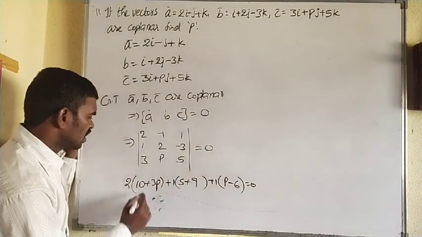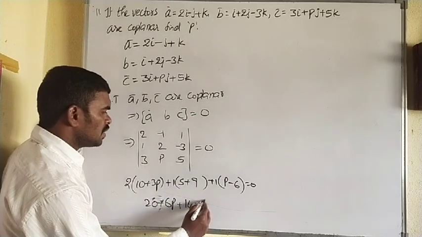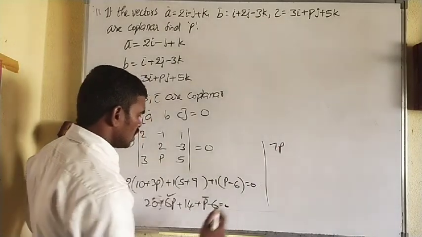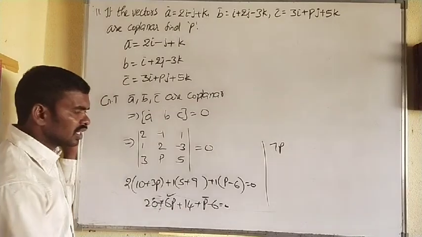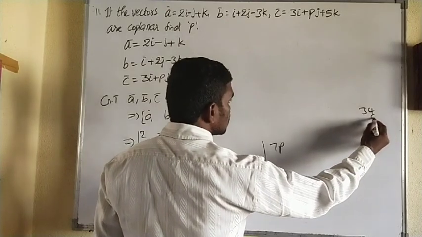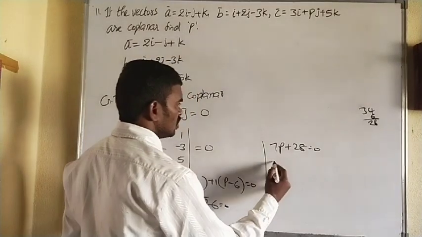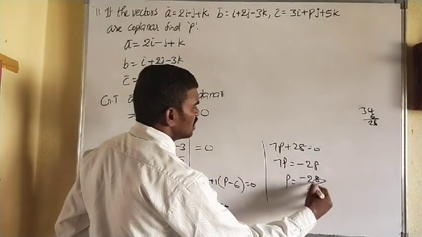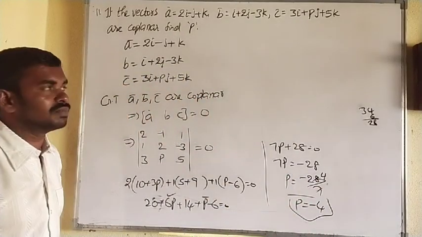Okay, 2 10s are 20, plus 6p, plus 14, plus p minus 6 is equal to 0. 6p plus p, 7p, and numerical numbers 20 plus 14, 34. 34 minus 6, how much? 34 minus 6 is 28. So 7p plus 28 equal to 0. Then 7p equal to minus 28. p equal to minus 28 by 7. 7 4s are 28, then p equal to minus 4 is the answer. That's it. Very simple.